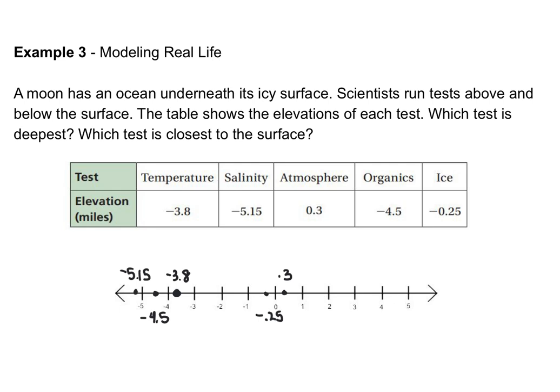So now that we have this visual, we can see which is the deepest. Deepest is going to be furthest to the left, which is the -5.51. So we would say that the salinity test is the deepest.